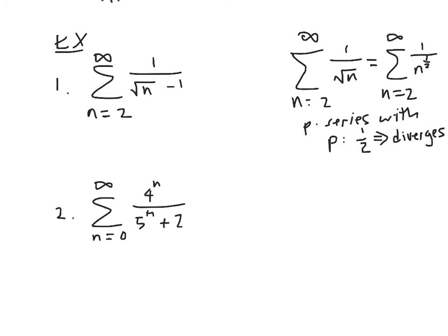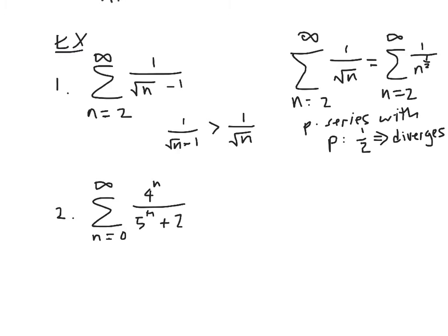Well, how does it compare to the series on the left? Well, we know that 1 over root n minus 1 is always bigger than 1 over root n. We know that because root n minus 1 is smaller than root n.